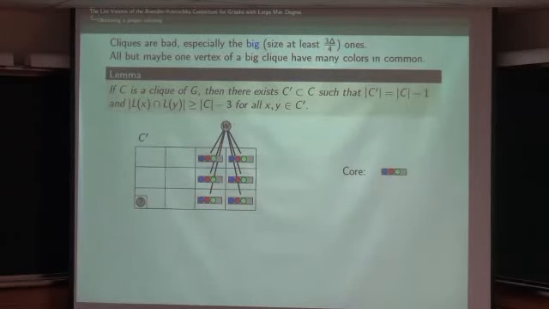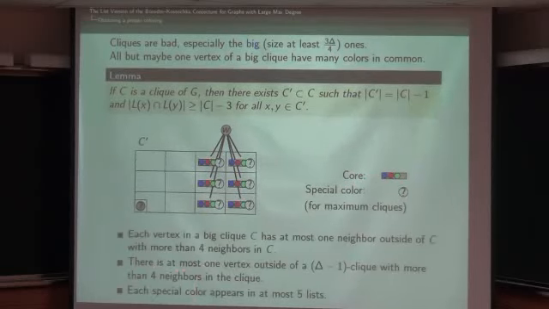And not only do you have a core, if you look at a vertex that has many, many neighbors inside this clique, then we can say this core has size delta minus 2. Which is basically saying, if you give me a clique with maximum size, after all, the bad things are the maximum cliques. So if you give me a maximum clique, and you look at a vertex that has very high degree within the clique, then we know every neighbor of that vertex has a core and some special color.